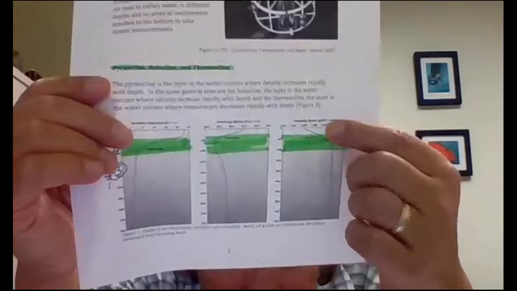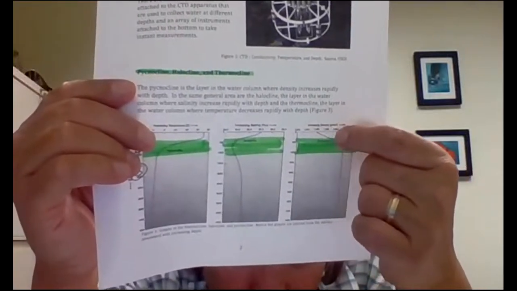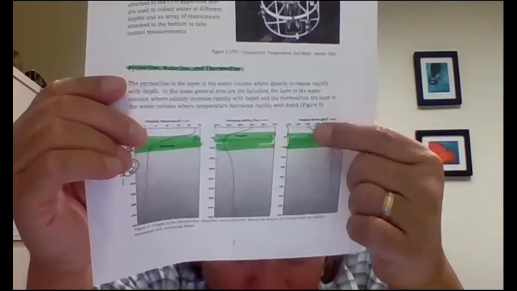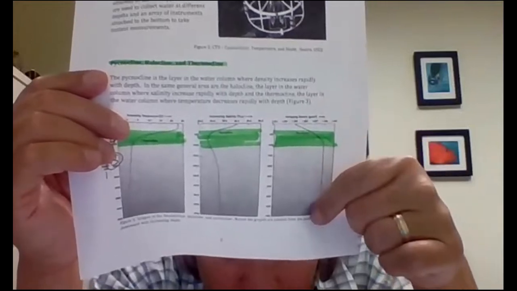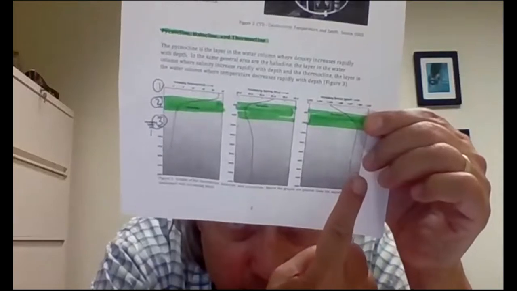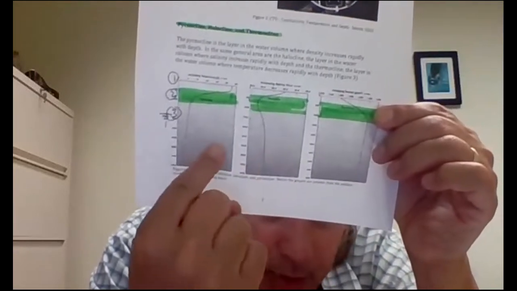And the last, the pycnocline, measures density. So as you cool the water, the density is rising. Then you have that quick pycnocline and then stable density. Because density is determined by salinity and temperature.